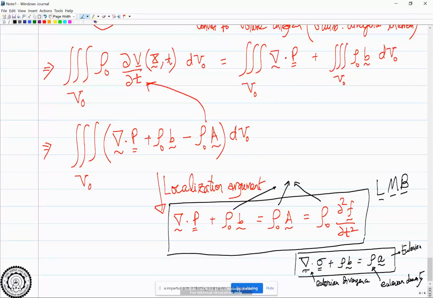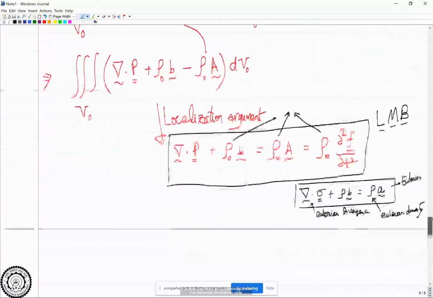Are they spatial coordinates or the referential coordinates? If they are referential coordinates, then you say it is Lagrangian divergence. If they are with respect to spatial coordinates, then we say it is Eulerian divergence. Okay, sir. Got it. And they are both different.